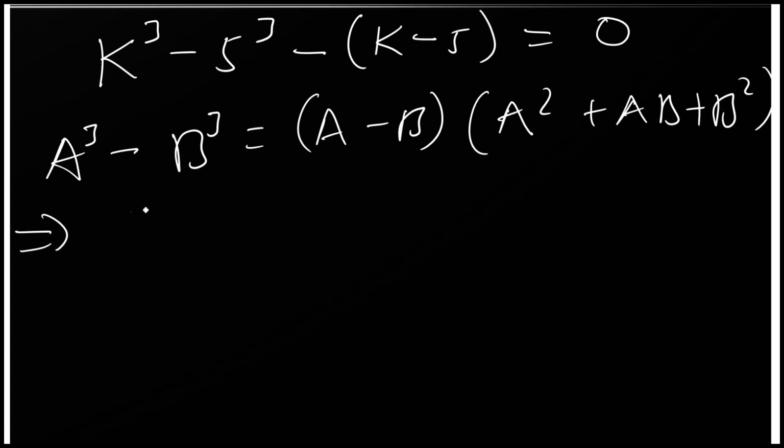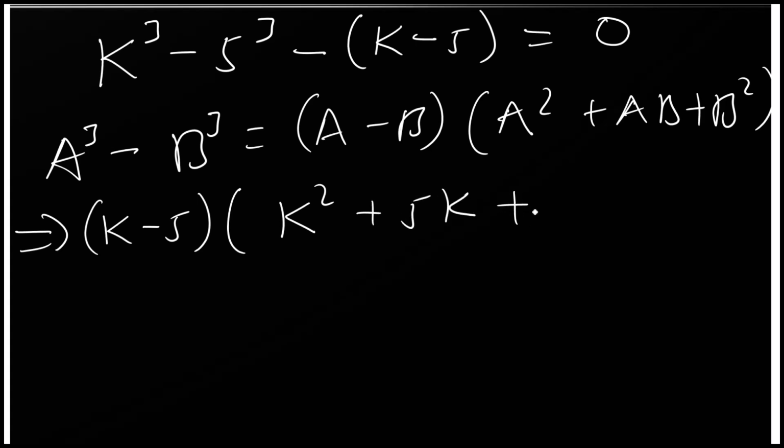So from here, (k minus 5)(k squared plus 5k plus 25), and we have minus (k minus 5) equals 0.